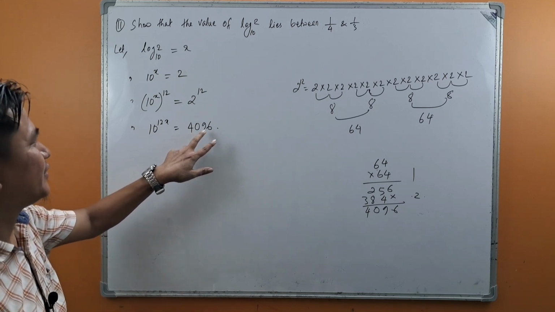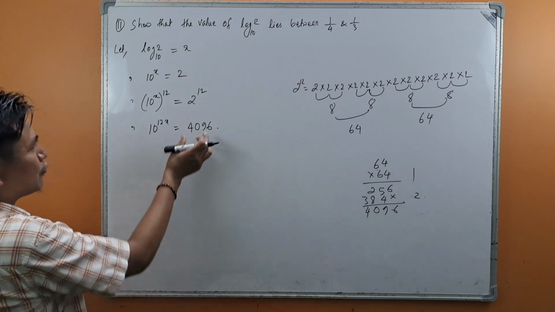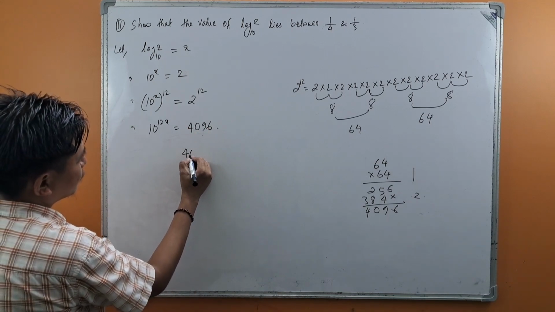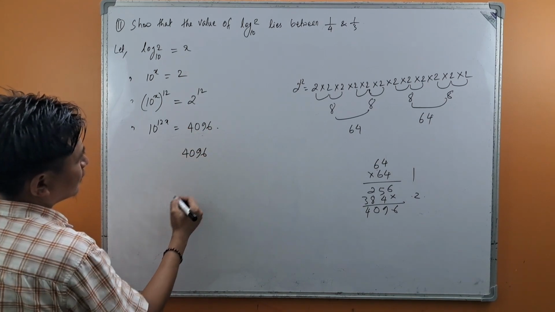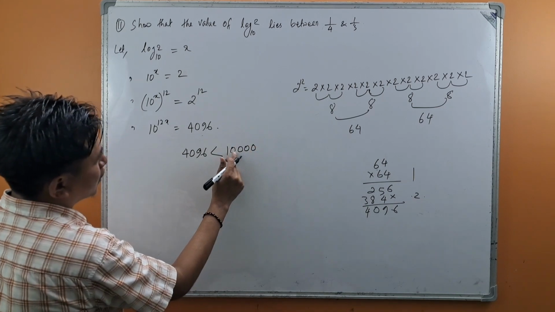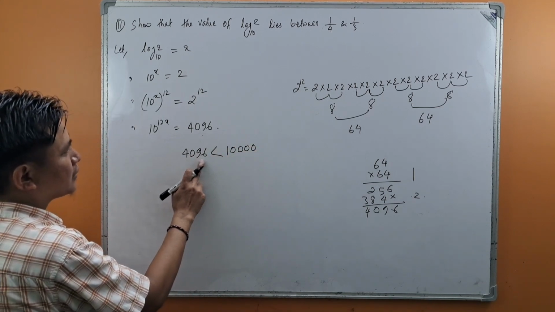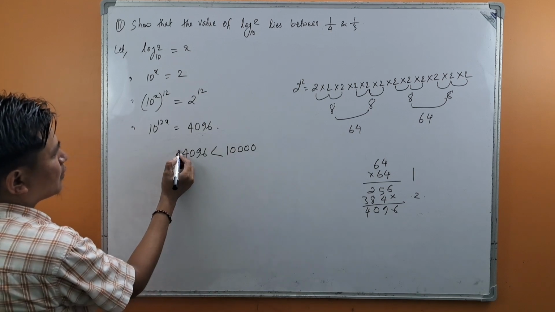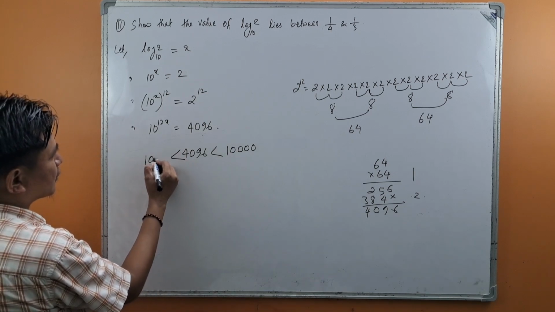Now this 4096 is lesser than 10,000, isn't it? 4096 is lesser than 10,000 but greater than 1000.